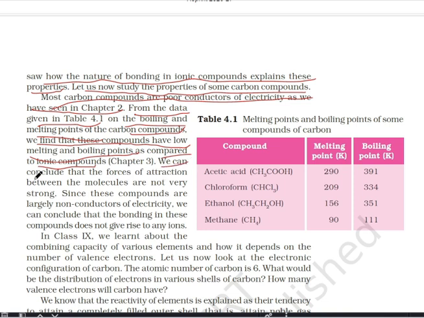We can conclude that the forces of attraction between the molecules are not very strong. Since these carbon compounds are largely non-conductors of electricity, we can conclude that the bonding in these compounds does not give rise to any ions.